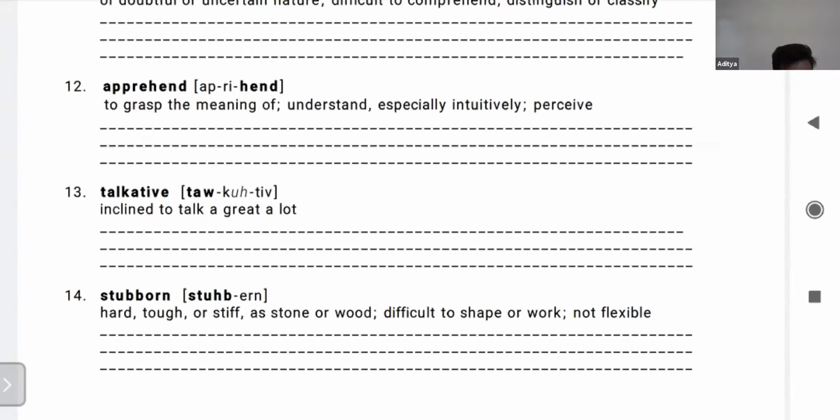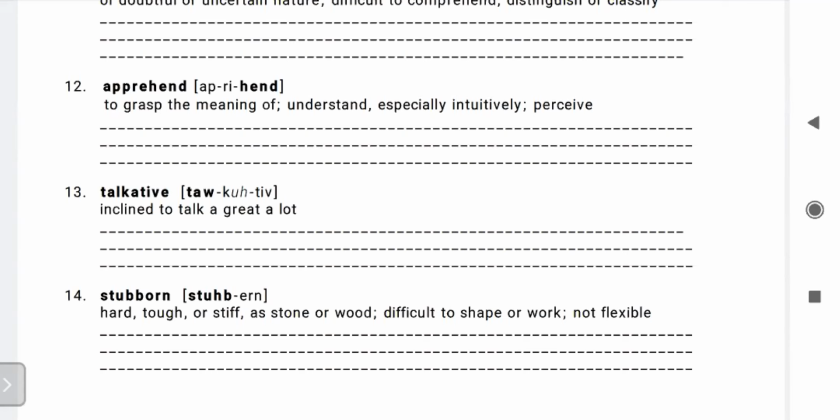To grasp the meaning of, understand, especially intuitively. Perceive. Yeah, to perceive something, to grasp the meaning of something, to understand, especially that which is intuitively arranged.